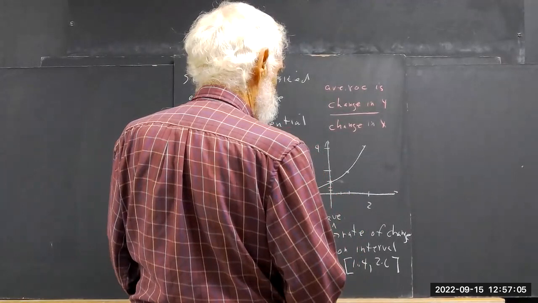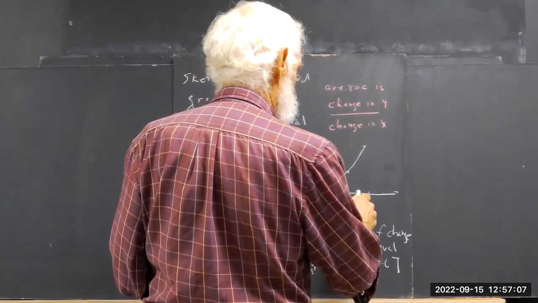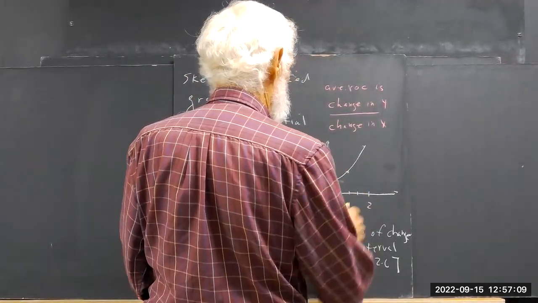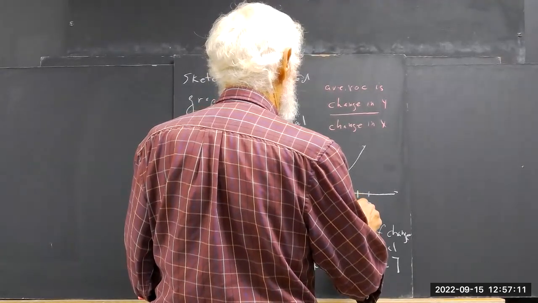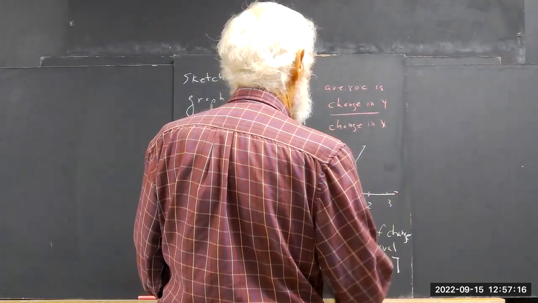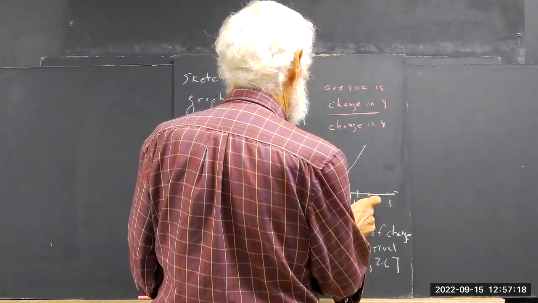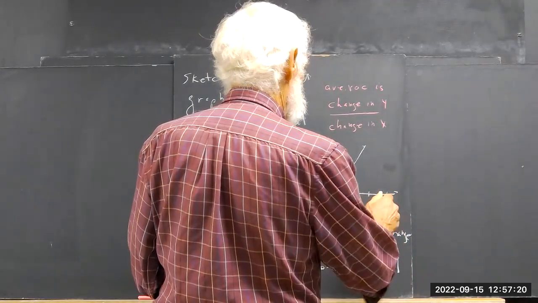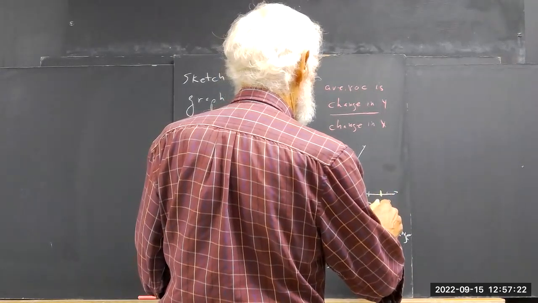Well, here's one. So I'm going to say 1.4 is about here. Now here's 2. Well, here's 3. Yeah, it's not too bad. So 2.6 is over here.